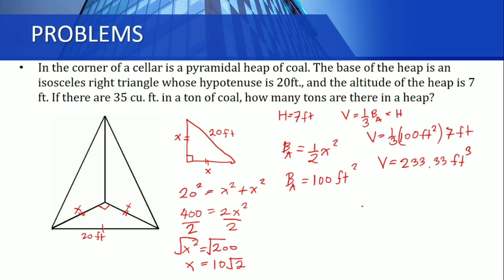So therefore, yung number of tons natin, so yung volume natin na 233.33 cubic feet. So sabi niya, there are 35 cubic feet in a ton of coal. So i-multiply natin. So 35 cubic feet are meron sa isang 1 ton.